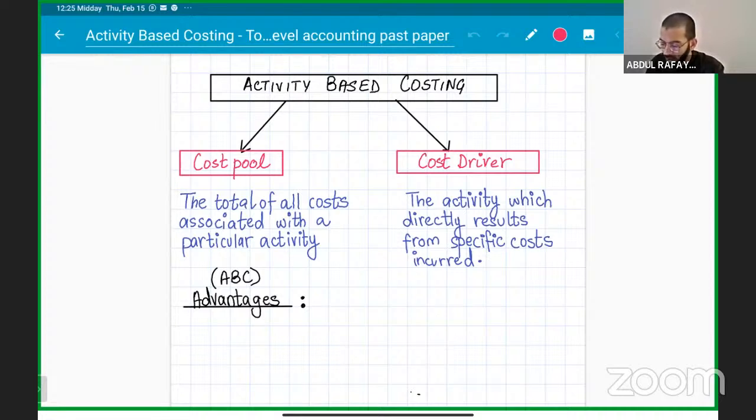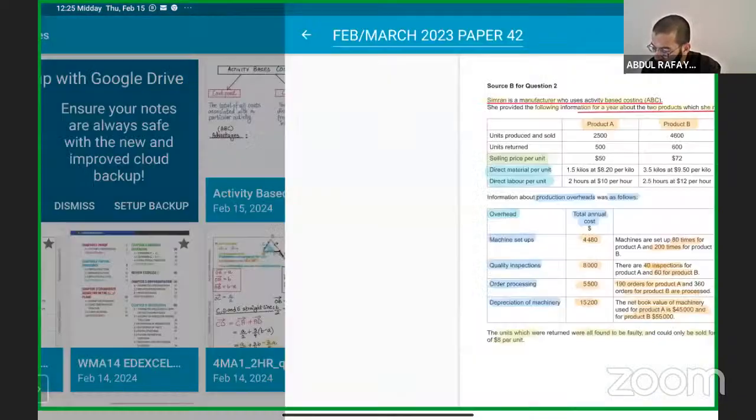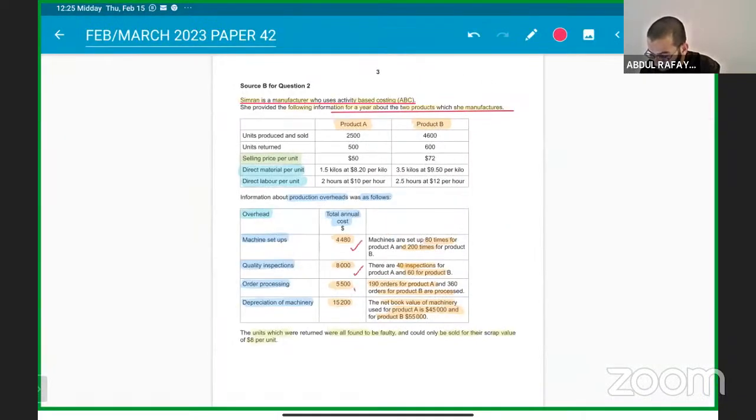So these values are the cost pool, the total of the cost associated with a particular activity, and these are the cost drivers.